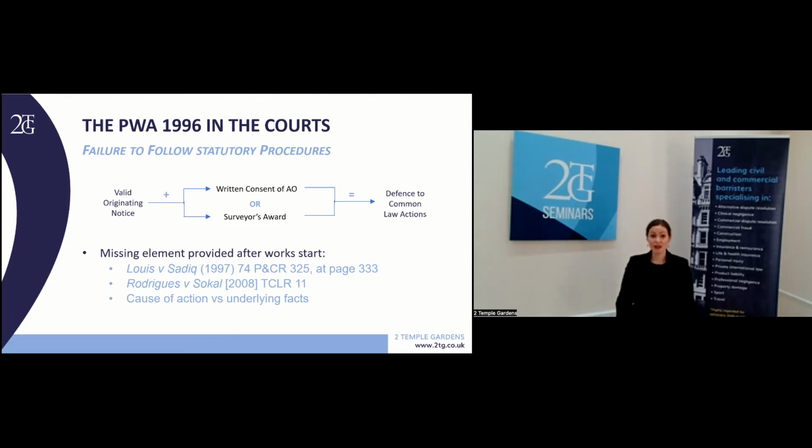Now, as far as it goes, Rodriguez takes precedence over Lewis because it concerns the modern Act. However, for my money, Rodriguez needs to be understood in quite a limited way. Now, what we often see is Rodriguez being used to argue that once the statutory scheme is invoked by way of originating notice, however late in the day that might occur, the adjoining owner can no longer rely on the common law at all.